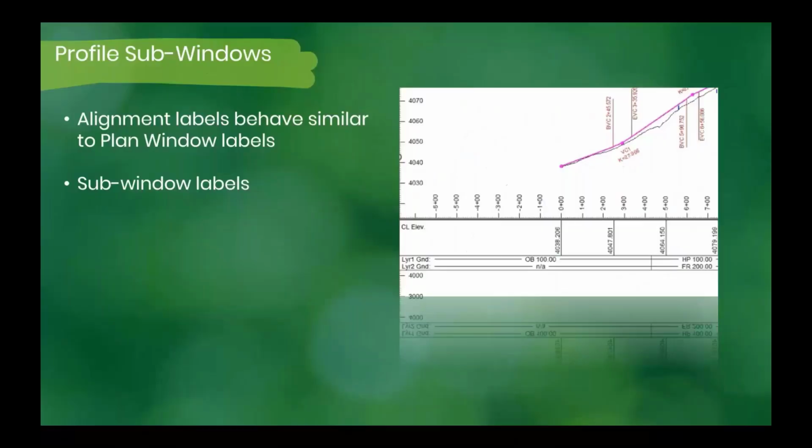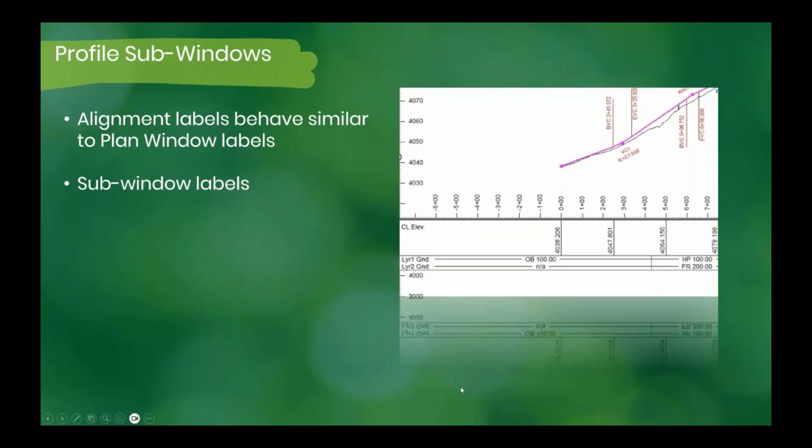Okay, moving along. We've spent a lot of time talking about plan window labels. So now we're going to move over into the profile. And the profile has a very, very similar way of operating. Again, we're going to enable the labels at the window level, and then we're going to enable the individual labels to turn them on.